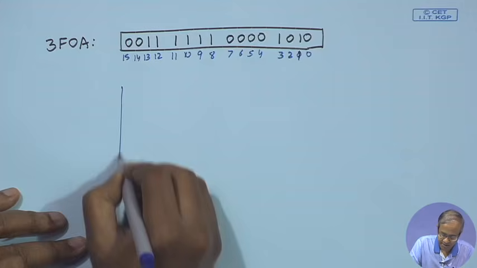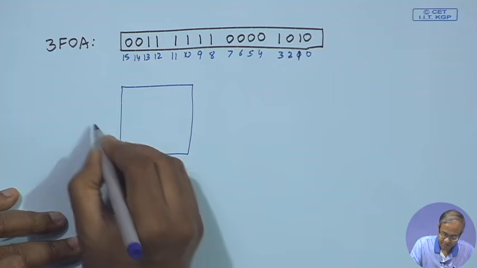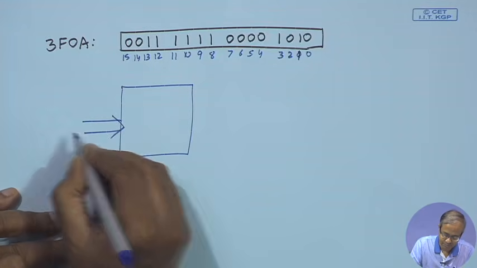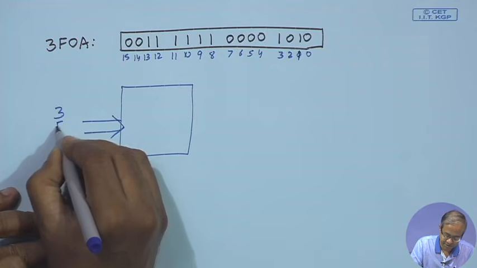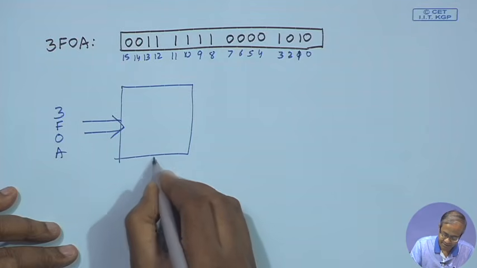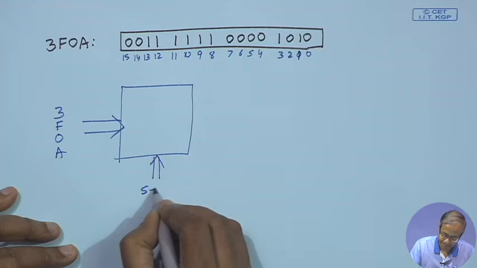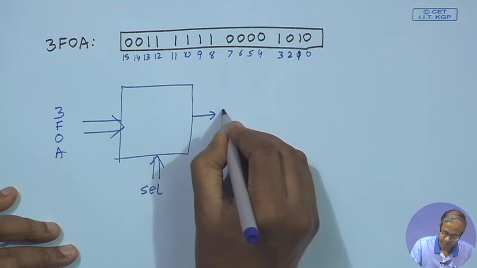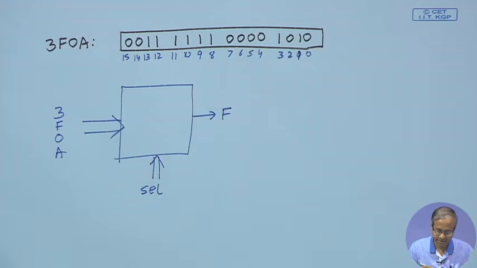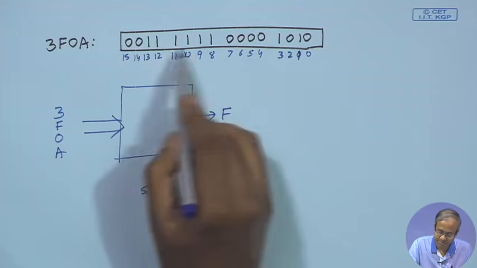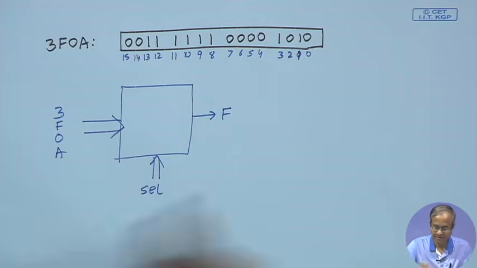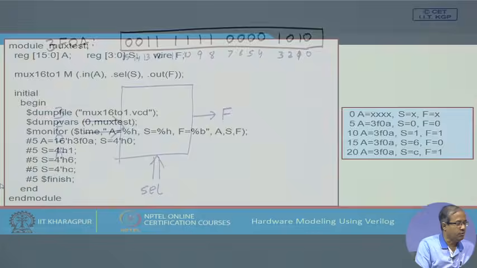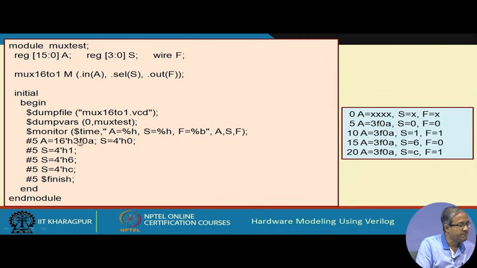So, if you think of a multiplexer, this 3F0A is the input you are applying here, and you are applying the select line and getting the output F here. The select line will select one of these bits and that bit will come out. Now, at time 5 we are selecting 0; we are applying all 0 to S. So, let us see what will happen.